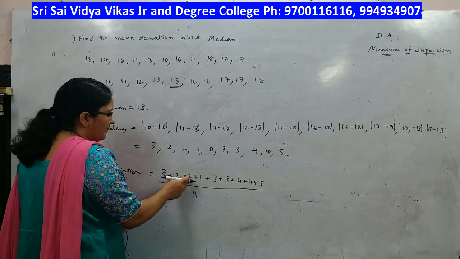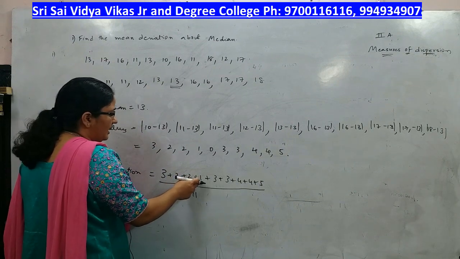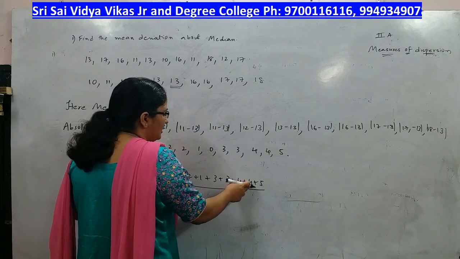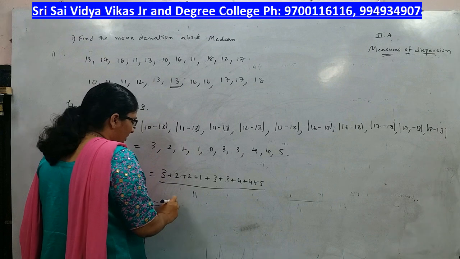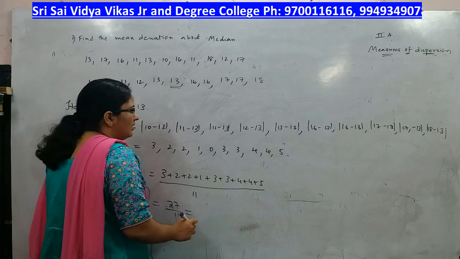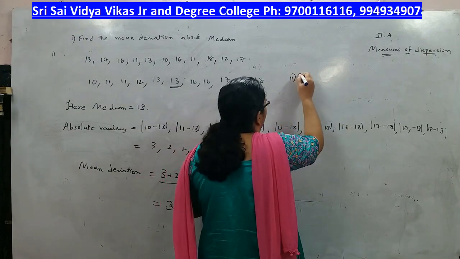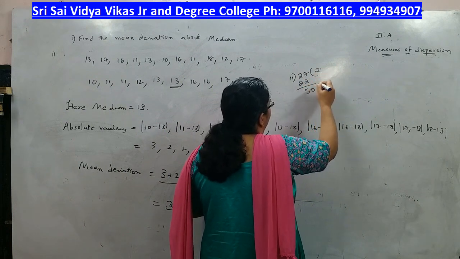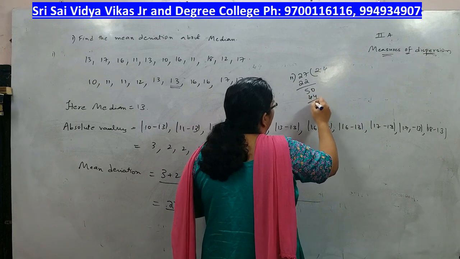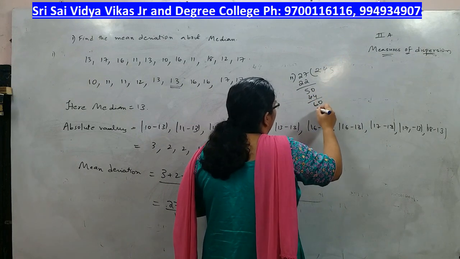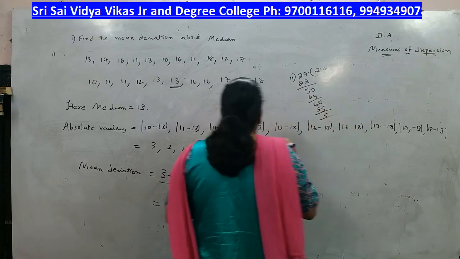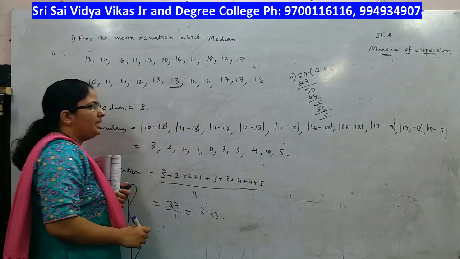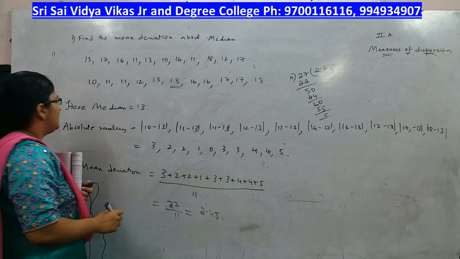So this is 5, 7, 8, 11, 14, 18, 22, 27 by 11. So that is nothing but 27 by 11, which is 2.45. Therefore mean deviation about median is nothing but 2.45. We will discuss the next problem.